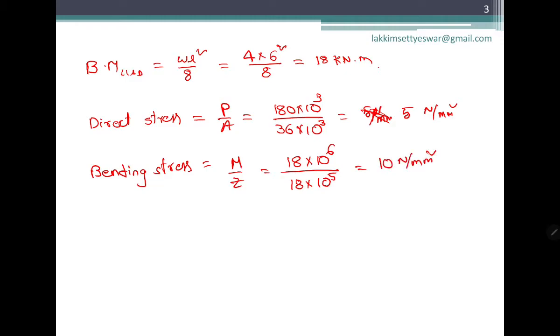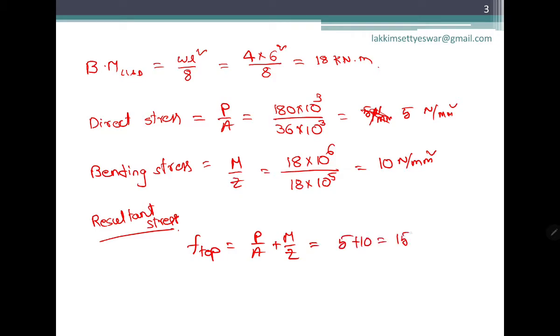So, we calculated the stresses. Now, let us add all the stresses and calculate the resultant stresses. The stress at the top fiber is P by A plus M by Z, that is 5 plus 10, equal to 15 Newton per mm square.